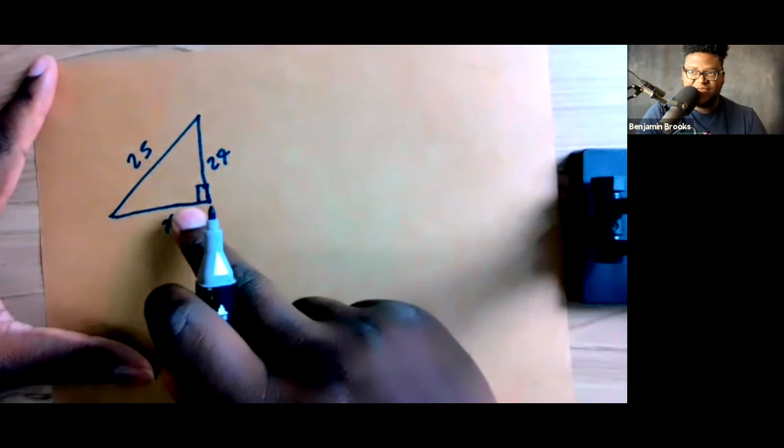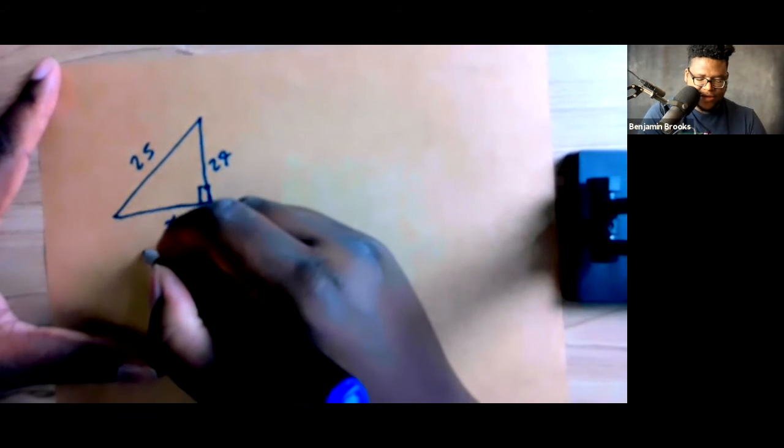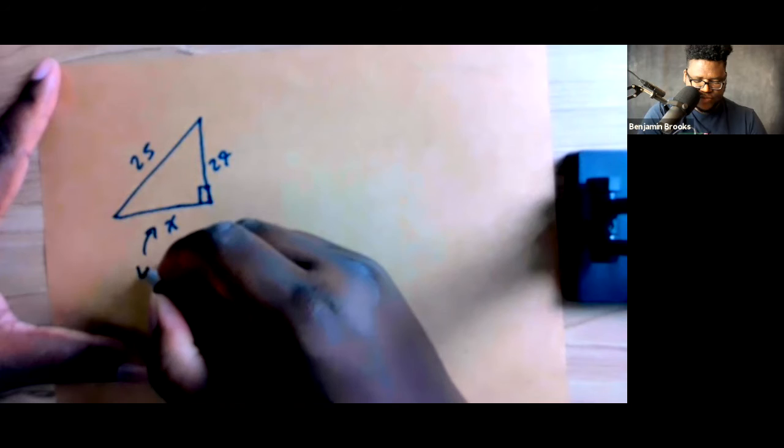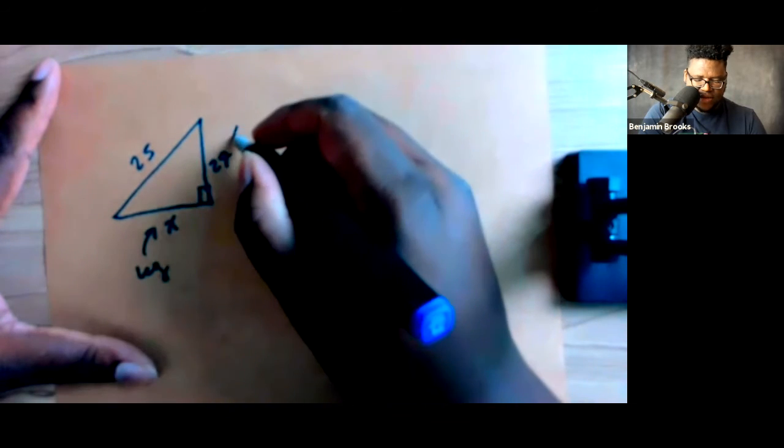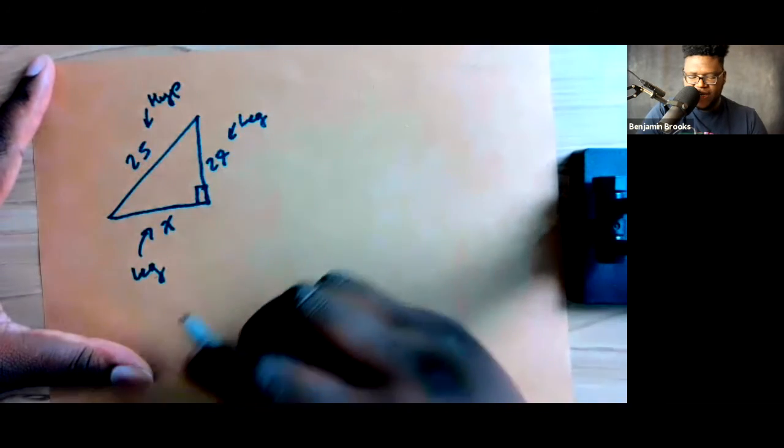So in this case, the missing side is a leg. So leg, leg, hypotenuse. So we need to set it up a little bit different.